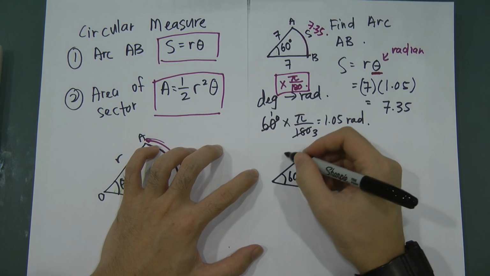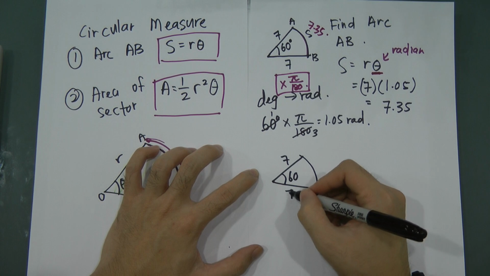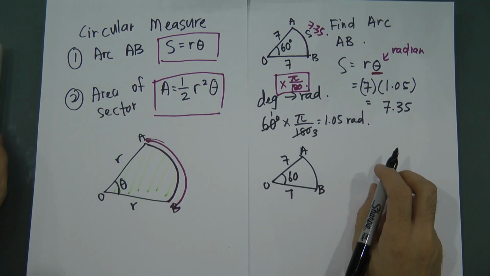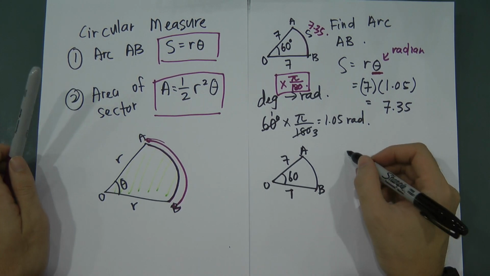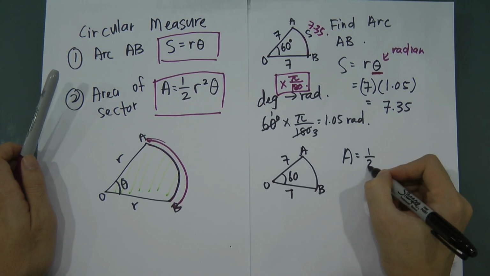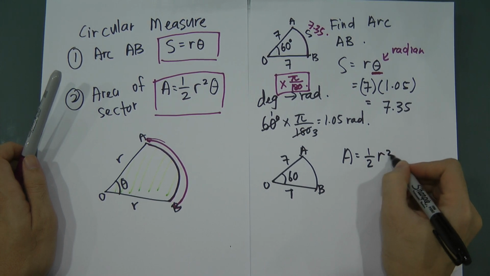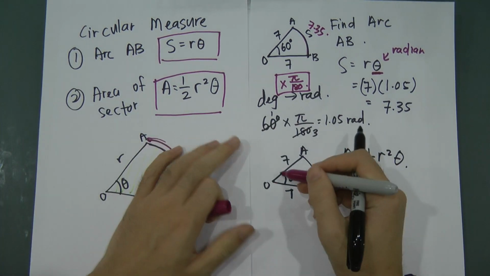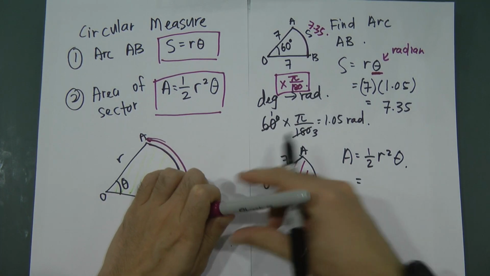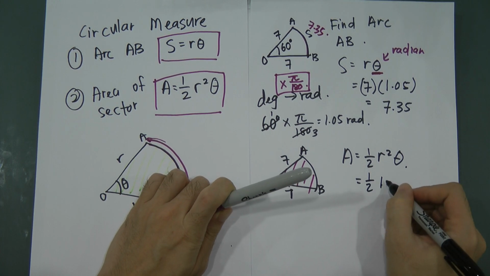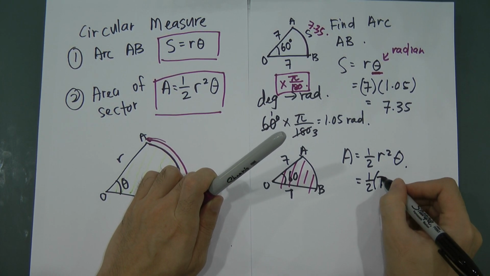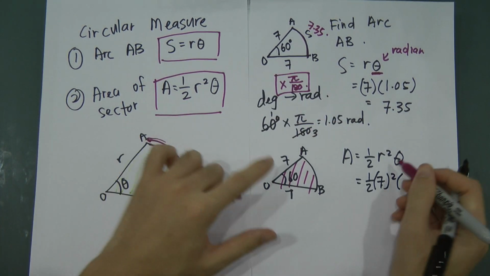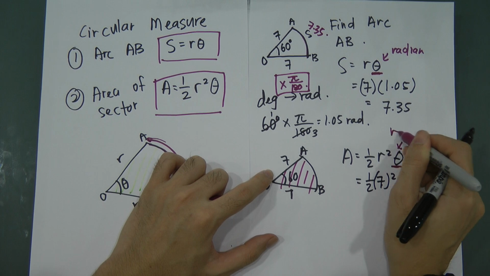What happens if I have the same sector, with 7, O, A and B, but now I want to find the area? The area equals 1 over 2 r squared angle. What is r? r is 7, squared. The angle must be in radian also.